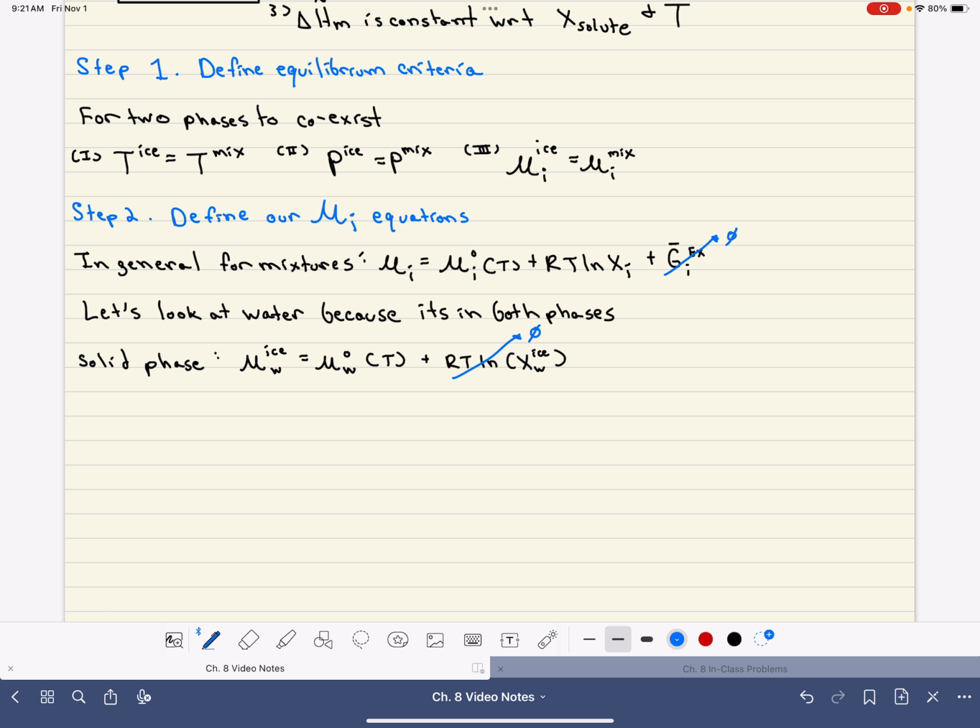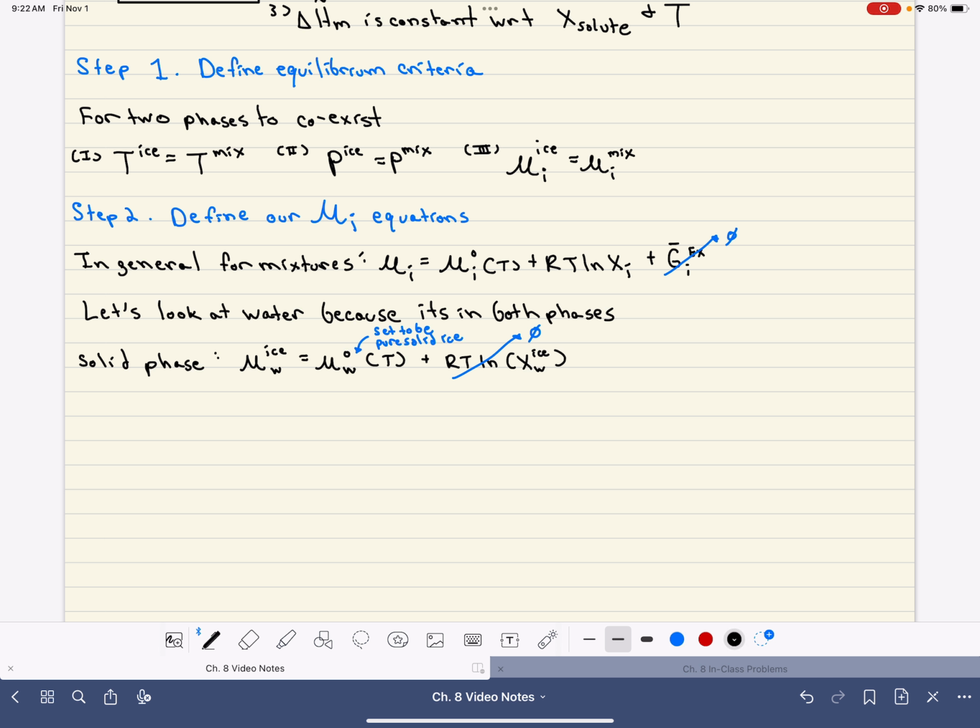All right? And then when it comes to the standard state chemical potential, here what we could do is set it to be pure solid ice. Okay?